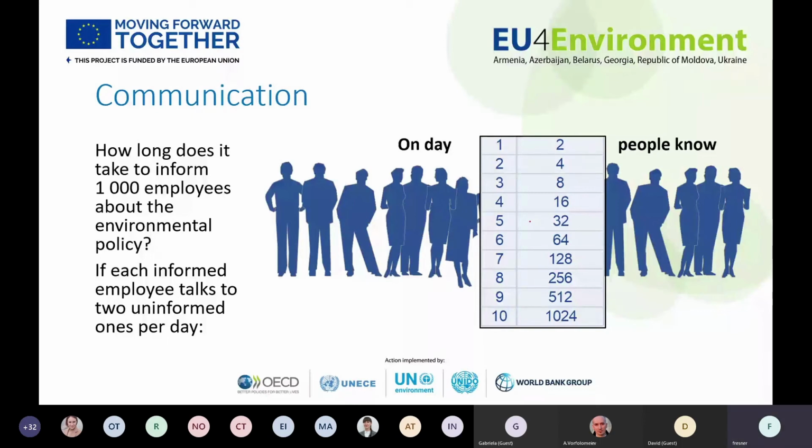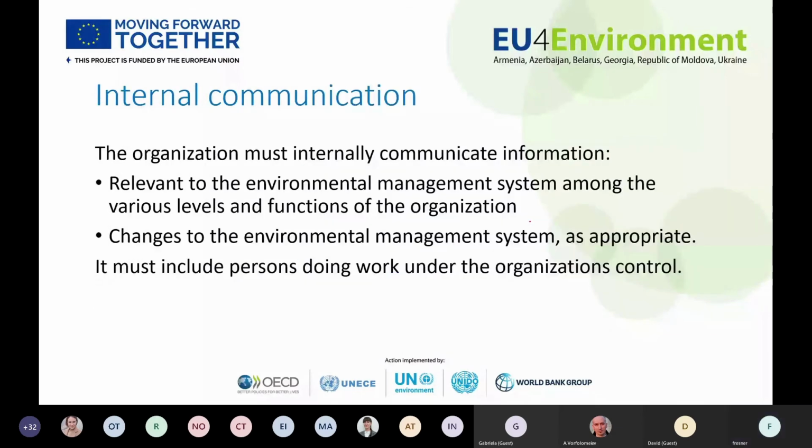And in our enterprise, we definitely will have much better instruments than simply talking to 2 people in person. We will have other ways of reaching out to our employees. So this internal communication is not only important, but it's also possible. It just needs some planning and some organization. And this is what the procedure on internal communication needs to do.